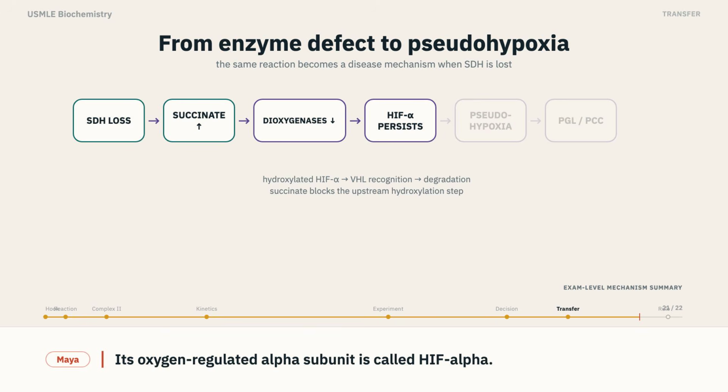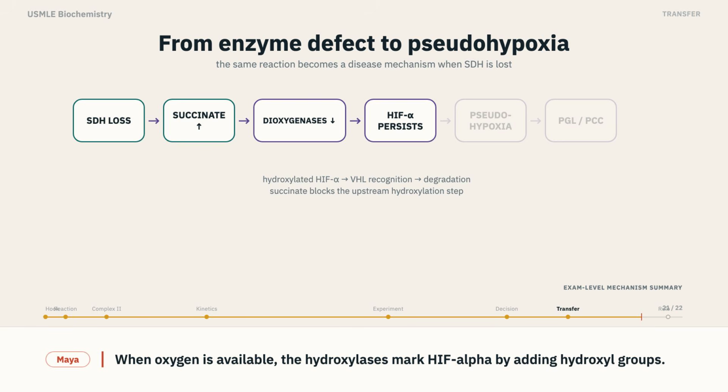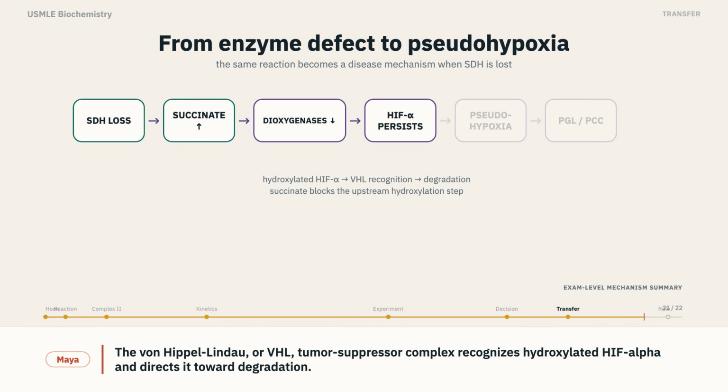Its oxygen-regulated alpha subunit is called HIF-alpha. When oxygen is available, the hydroxylases mark HIF-alpha by adding hydroxyl groups. The von Hippel-Lindau, or VHL, tumor suppressor complex recognizes hydroxylated HIF-alpha and directs it toward degradation.